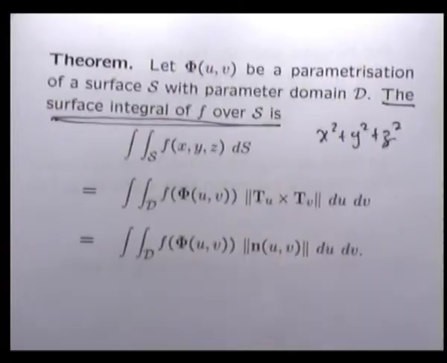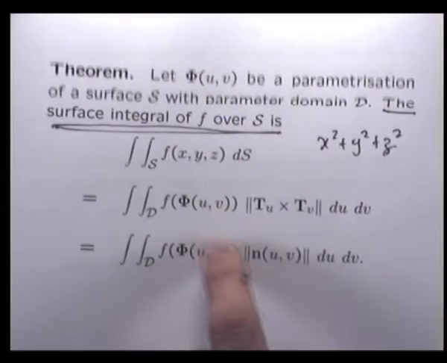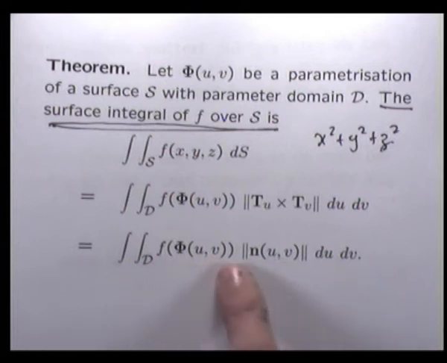Perfect. And what is it going to become for a triple integral? Well, I think a better question is what do you think it will become when we start integrating vector fields? Maybe here you'll have a dot product instead of just this scalar multiplication between the scalar function f and the magnitude.